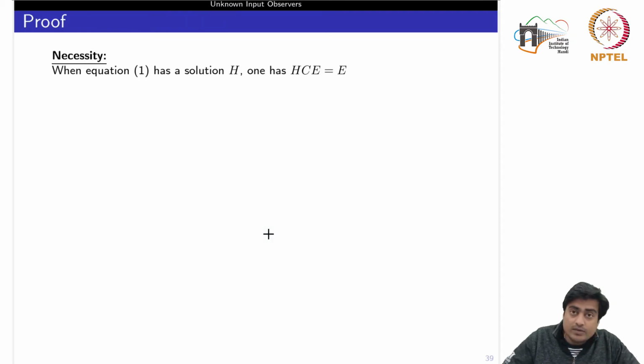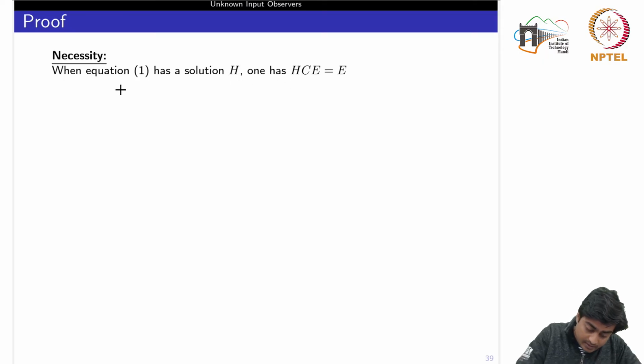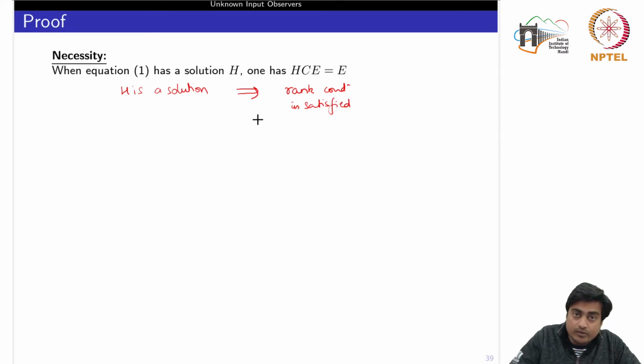Again, there are two parts of this proof. First is the necessity and another is the sufficiency. So we say that H is a solution, which implies that the rank condition is satisfied. First we will see this part of the proof, the sufficiency part, that if the rank condition is satisfied, it implies that H is a solution.